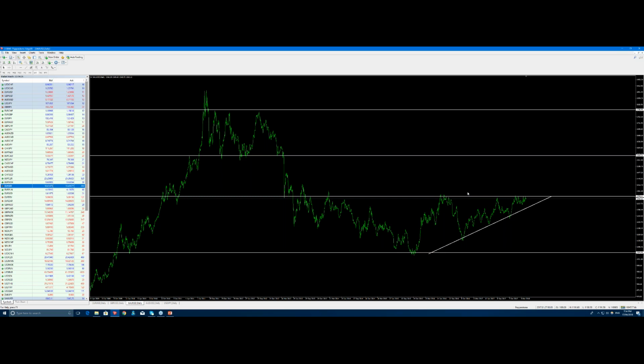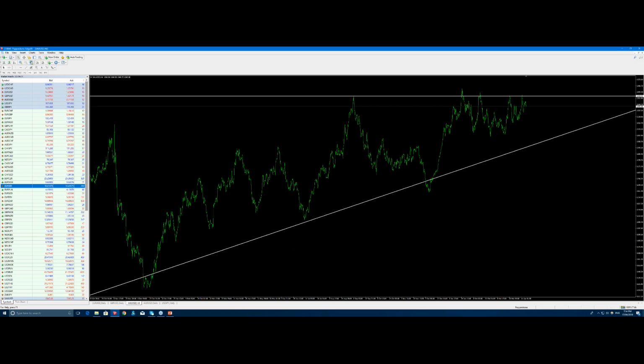So on something like the 4-hour chart, what we'd be looking for is a clear break of the above point here, and then maybe we'd be looking at potential longs. And if it came back down into our support line here, which is along that trend line, maybe we could be looking for potential longs as well. And if it broke this line, then we could be looking for potential shorts.